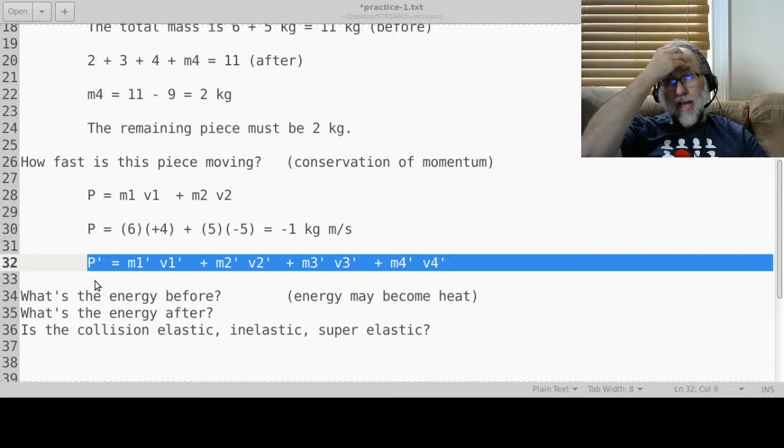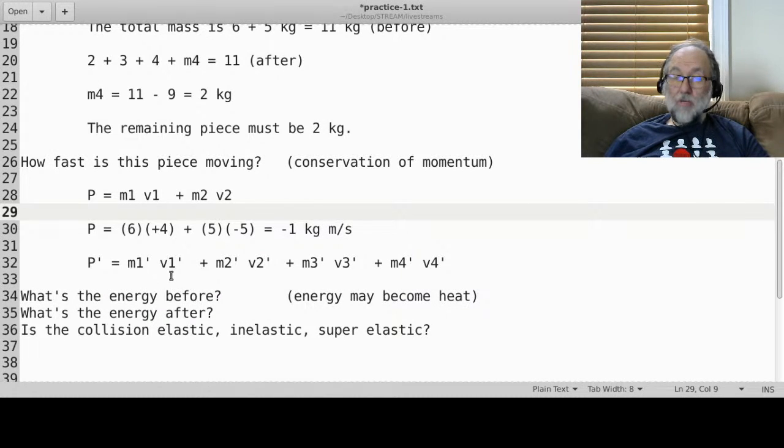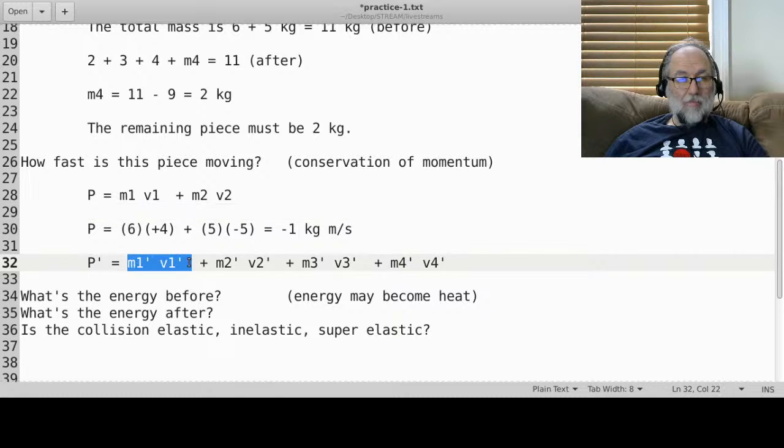Earlier in the course, we had little subscripts, but there are so many subscripts in this business that I just thought, instead of another subscript, just do a superscript. So at least for the momentum section of the course, the little primes mean after the collision. And so after the collision, there are 4 pieces, and so there's going to be 4 contributions to the total momentum. There's one, there's another, there's another, and there's another.